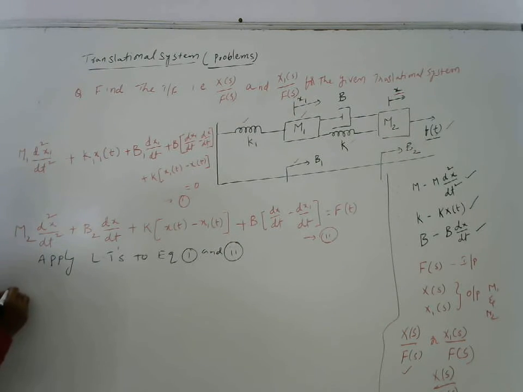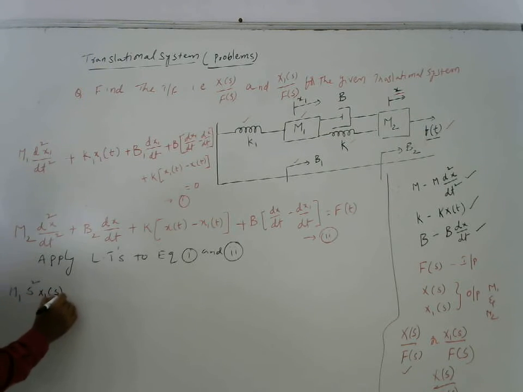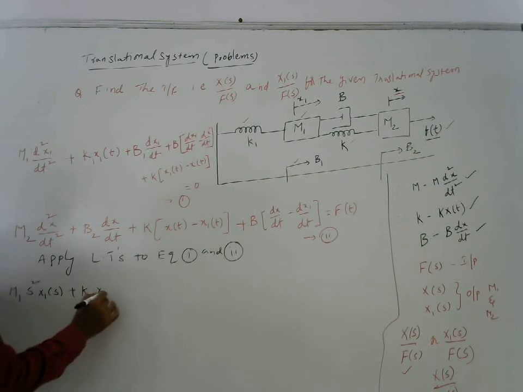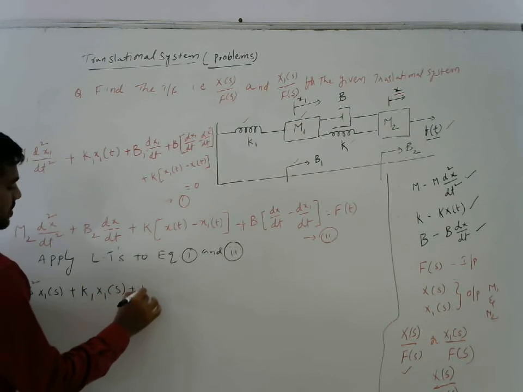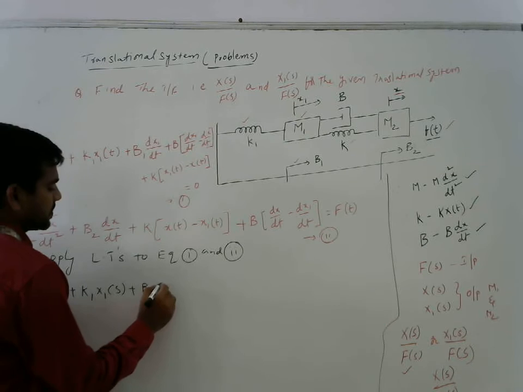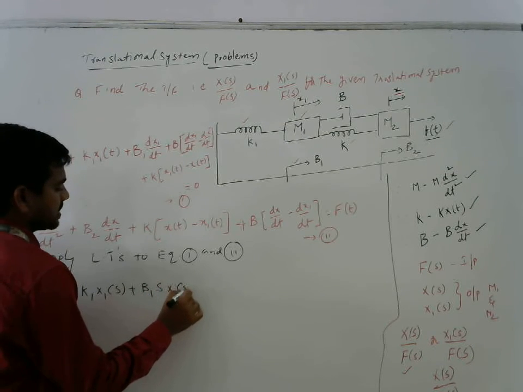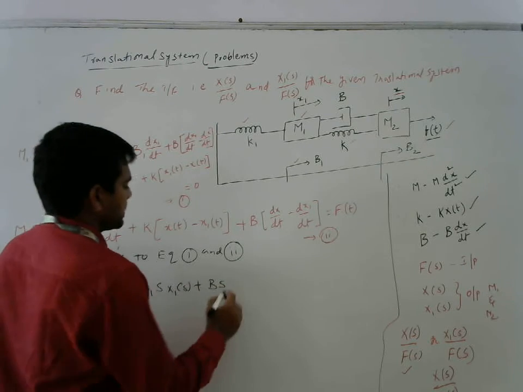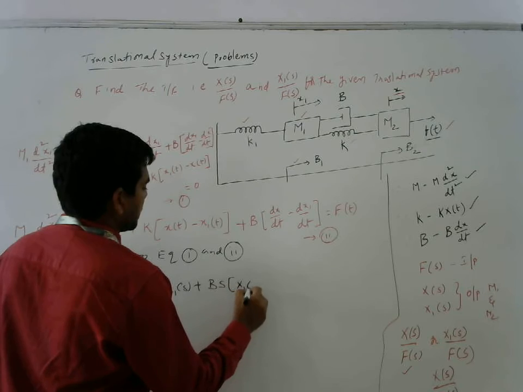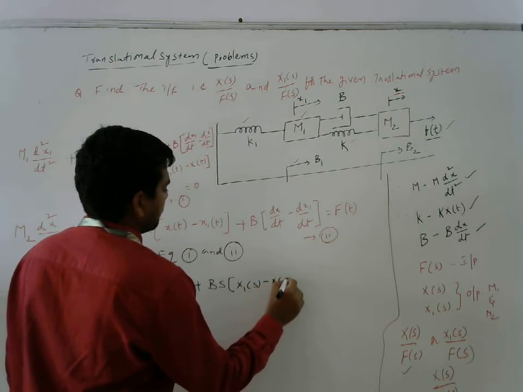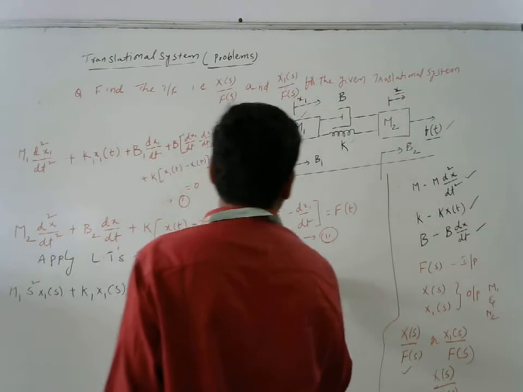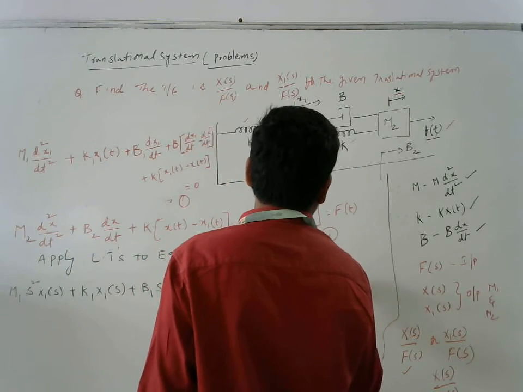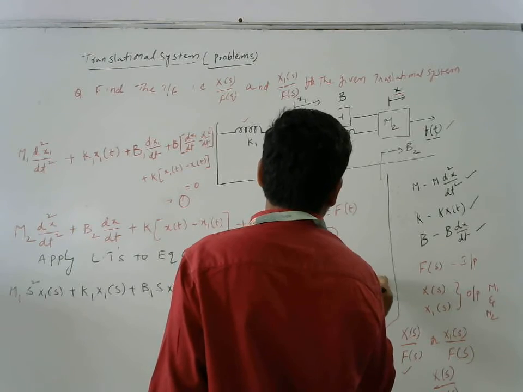First, already we know m1 into s square x1 of s plus k1 into x1 of s plus b1 into s into x1 of s plus bs into x1 of s minus x of s plus k into x1 of s minus x of s.